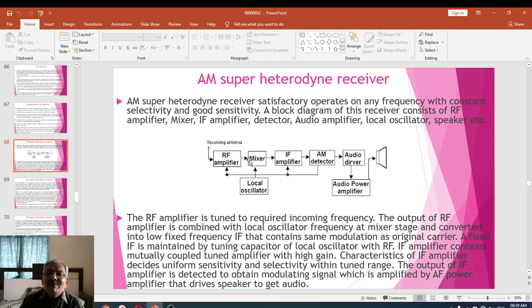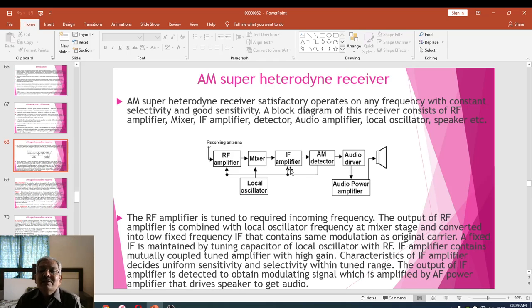So the IF output obtained contains almost all the signals along with the modulated carrier wave. This signal is given as an input to the IF amplifier. This IF amplifier has only the bandwidth equal to the intermediate frequency coming out of the mixer.